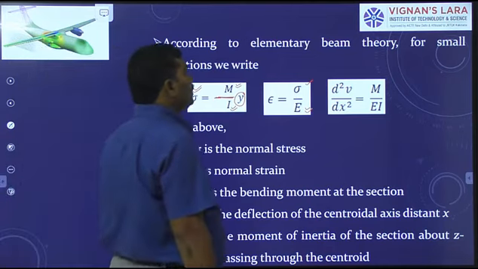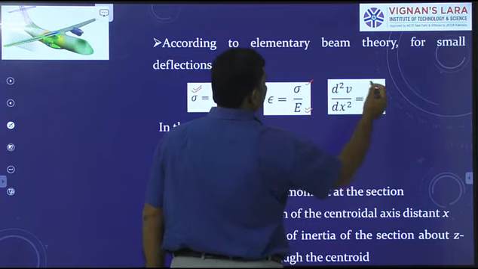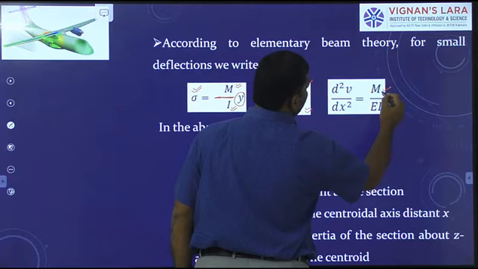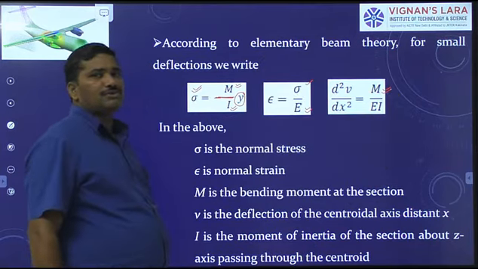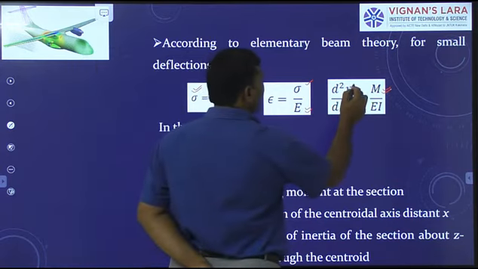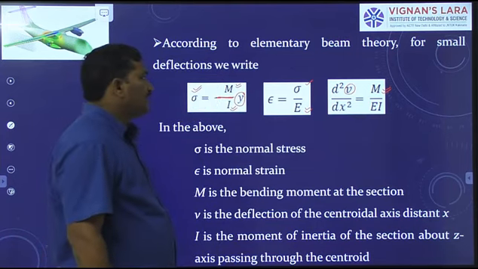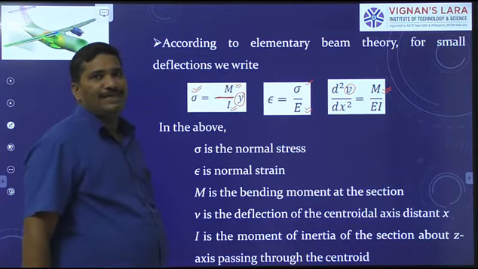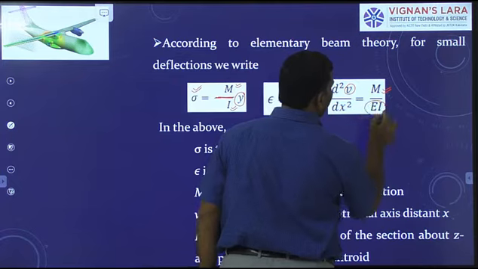From the elementary beam theory, we can also obtain this relation: d square v by dx square equals M by EI, where v is the beam deflection and EI represents the flexural rigidity.